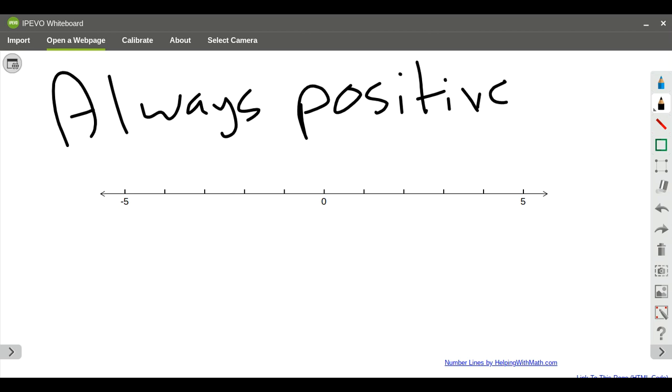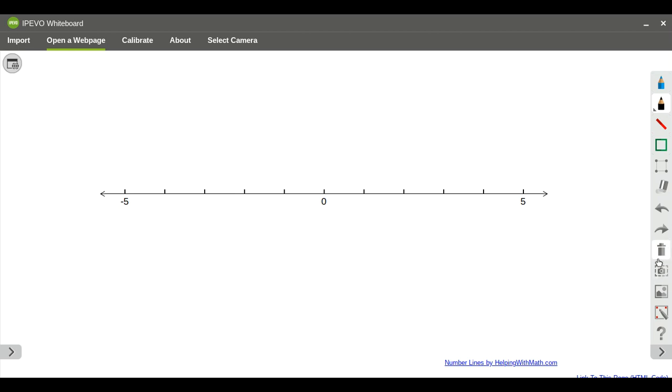Now, when we write absolute value, we have a notation that we use. We actually use bars to show absolute value. So if I have the absolute value of -5, I would show it as two really big bars. This notation right here, this line and this line, this whole thing is the notation for absolute value.